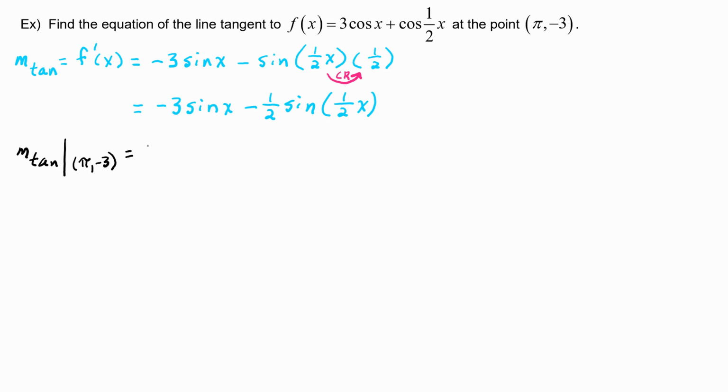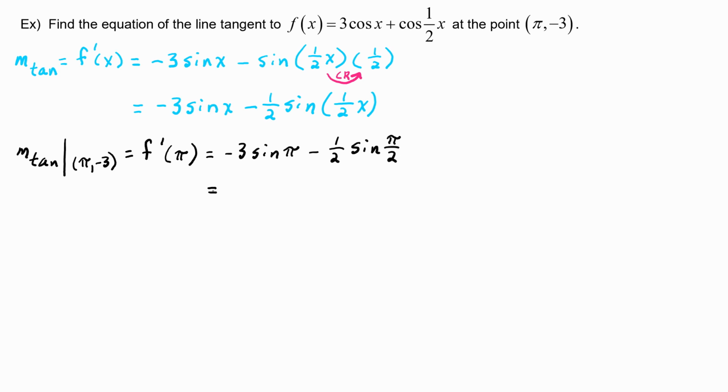That means we have to do f prime of pi. So that's going to be negative 3 times the sine of pi minus 1/2 times the sine of 1/2 pi, which is pi over 2.